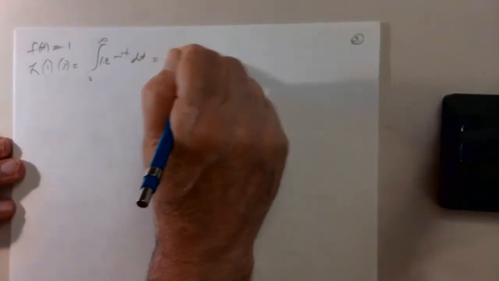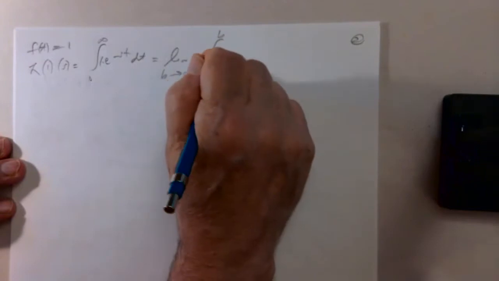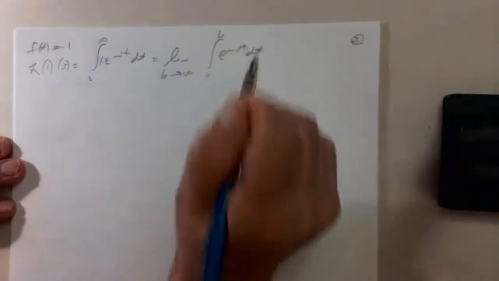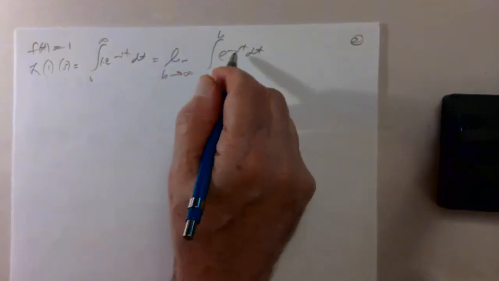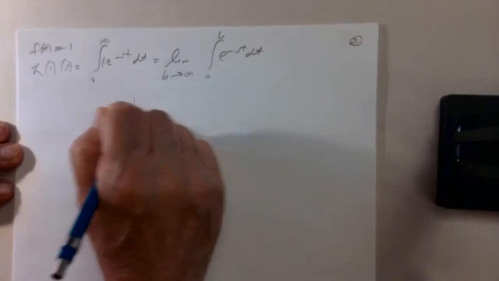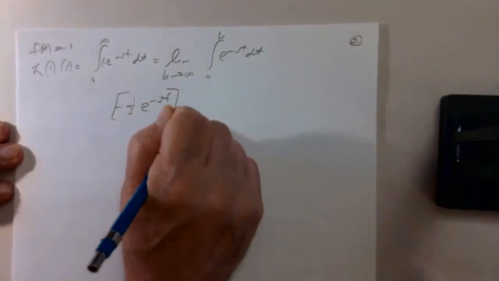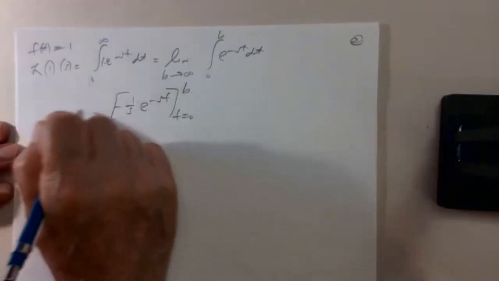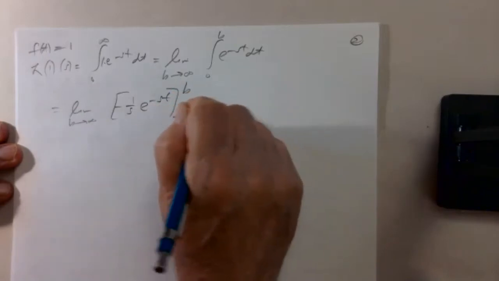This is the limit as b goes to infinity, the integral from 0 to b e to the minus st dt. We know the antiderivative of e to the minus st is minus 1 over s e to the minus st. And we evaluate that from 0 to b and take the limit as b goes to infinity.